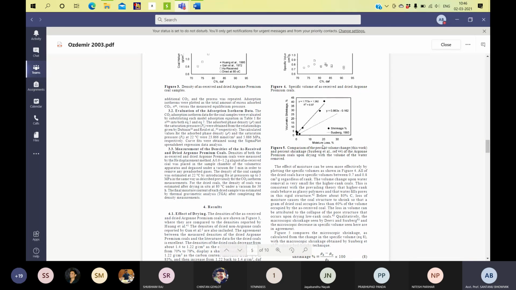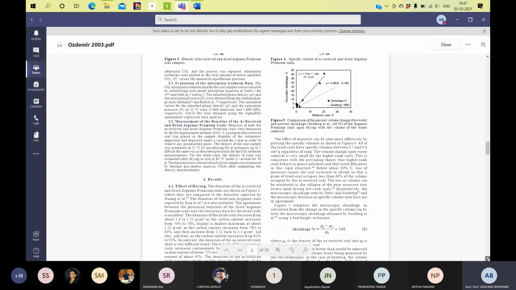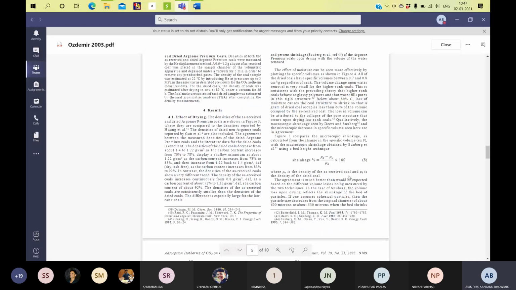With moisture, and if there is any loss of moisture, how the moisture loss is going to be significant in the volumetric shrinkage, they plot. So you can see here, if the moisture loss is very high, the volumetric shrinkage is also very high. The more water is released, the more is the contraction of the coal. And they calculate this shrinkage by this formula.